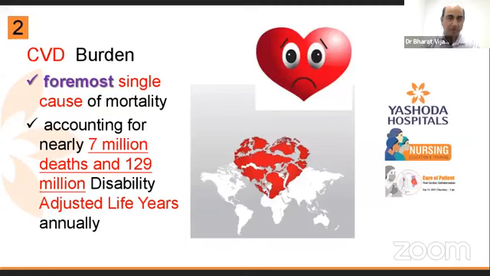See, these are all non-communicable diseases, whether it is hypertension, diabetes, cardiovascular disease, or cancer. We are not even thinking of eradicating them, we are thinking of reducing the burden.